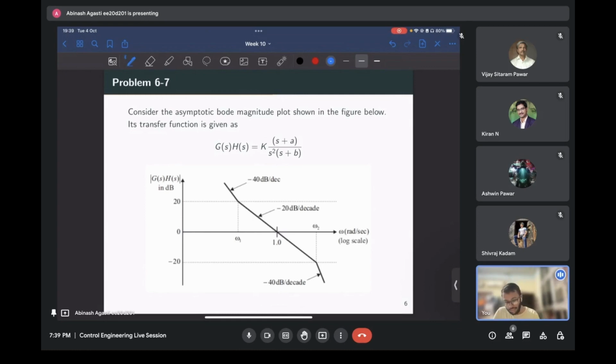And the open loop transfer function is given by something like this: two poles at the origin, one zero at some point and another pole at some point. These two poles at the origin are clearly visible in this initial minus 40 dB per decade slope, right?